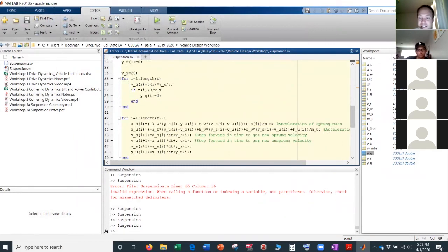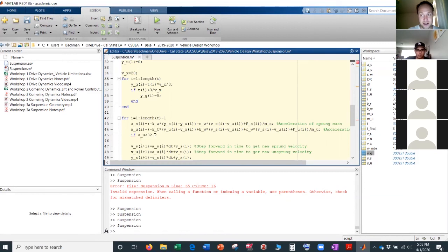We'll say if the acceleration of the unsprung mass is less than -32.2, then A unsprung equals -32.2. It never accelerates down more than -32.2. Let's try that.